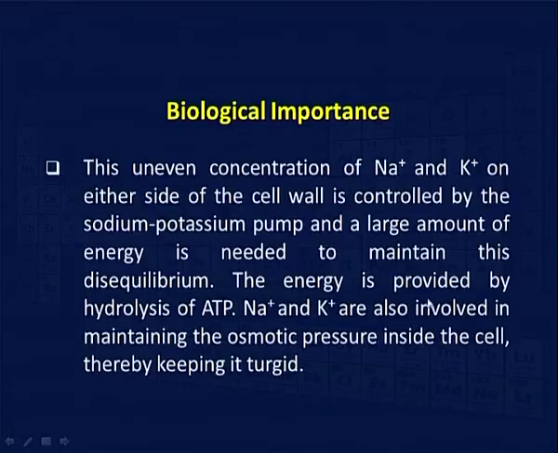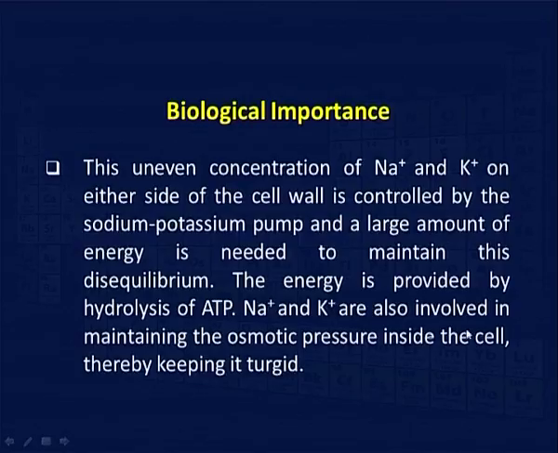The energy is provided by hydrolysis of ATP to ADP. There is a conversion of adenosine triphosphate to adenosine diphosphate, which releases a lot of energy. When I say hydrolysis, I mean the conversion of ATP to ADP with the release of energy.